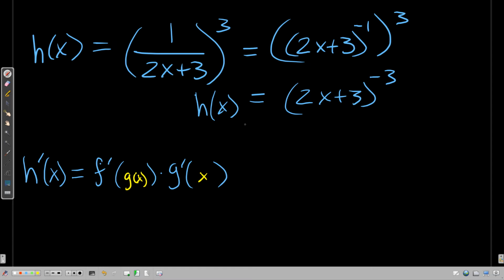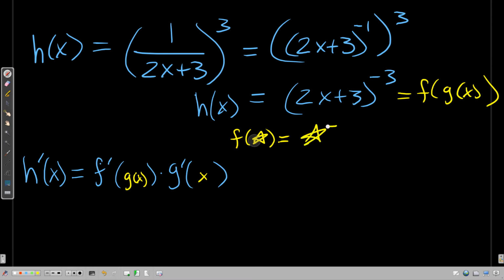And we can identify what f and g are. This will become an f of g of x, like is needed to do the chain rule, whenever f of star is star to the minus 3 and g of x is 2x plus 3.